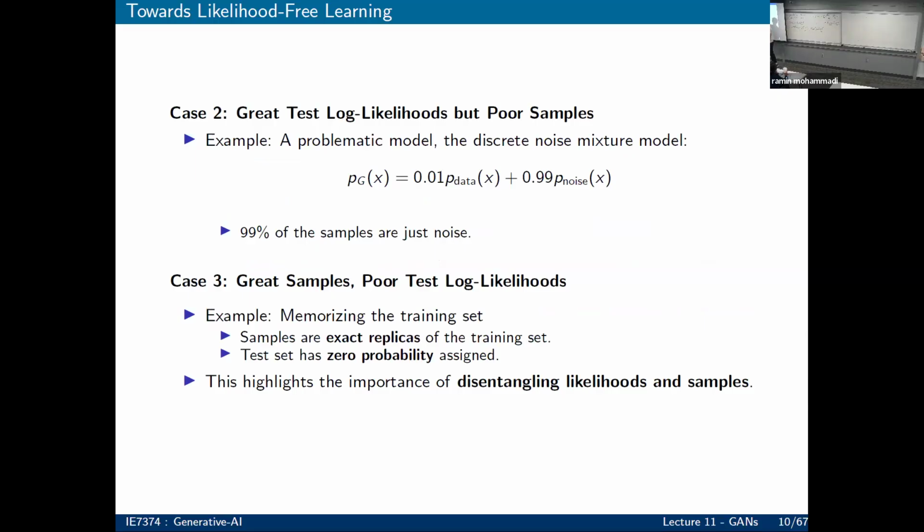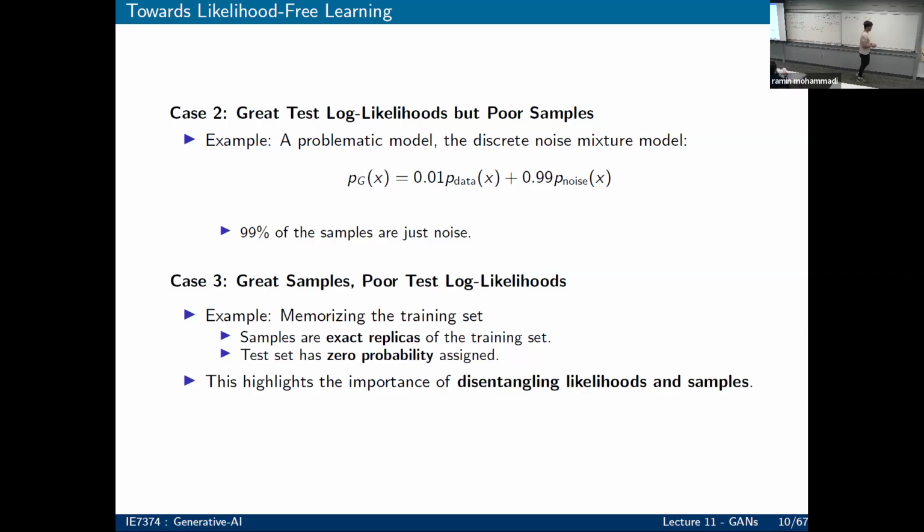The probability of data comes from something like a mixture: 0.01 times P of data over X, plus 0.99 times P of noise, let's say the generator over X. So this model, 99% of the time, produces noise, technically.